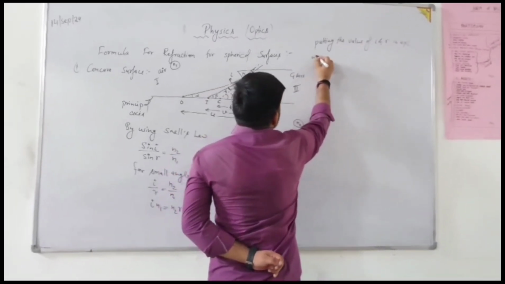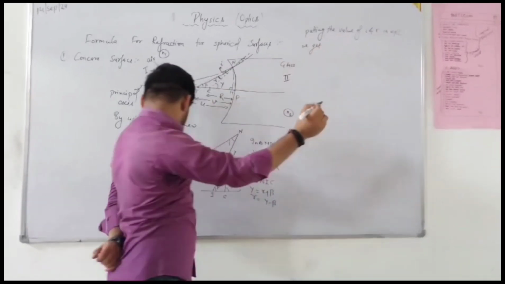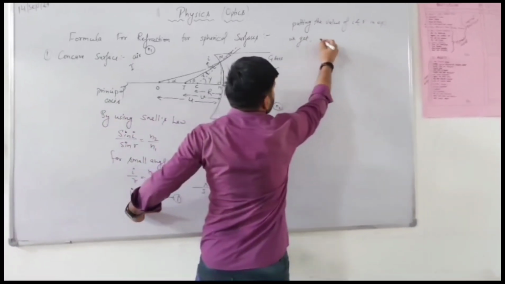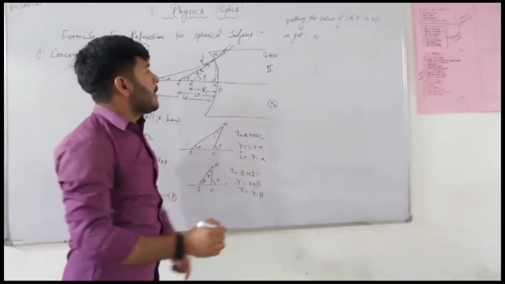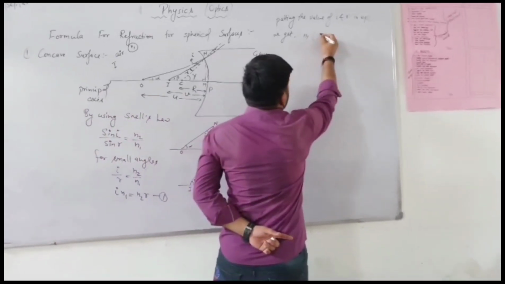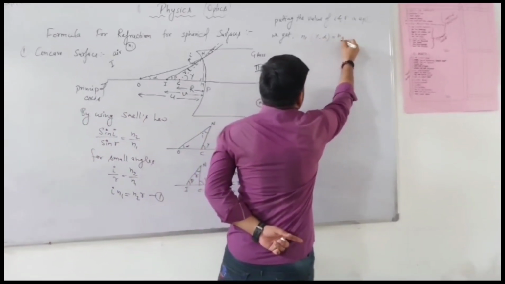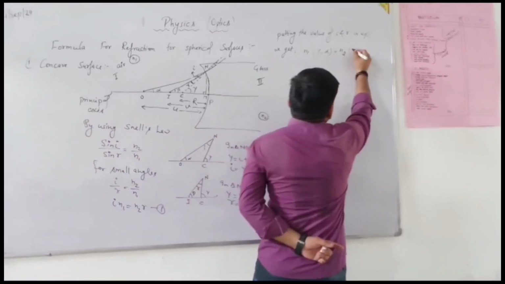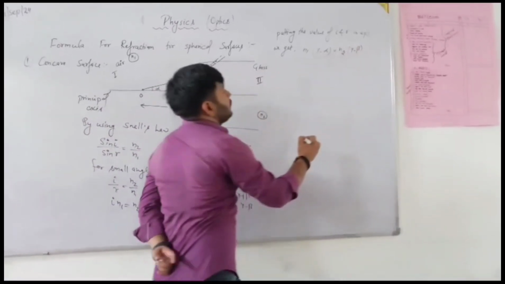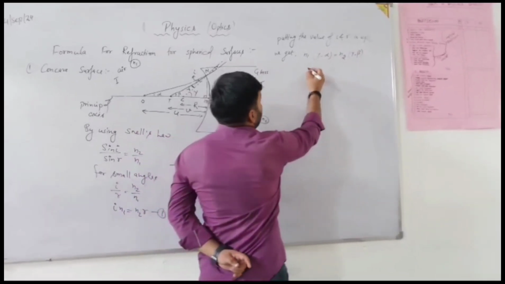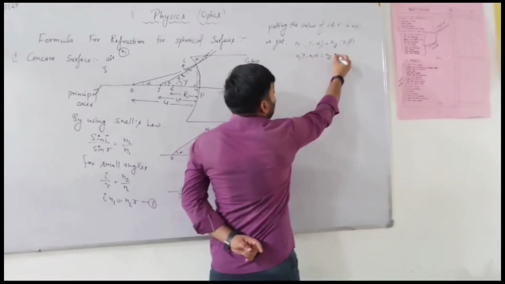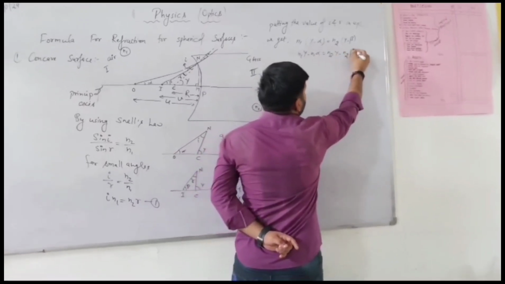So we get it looking like this: N1 times the value of I, which is gamma minus alpha, equals N2 times the value of R, which is gamma minus beta. Now we just multiply by N1. We will get N1 gamma minus N1 alpha equals N2 gamma minus N2 beta.